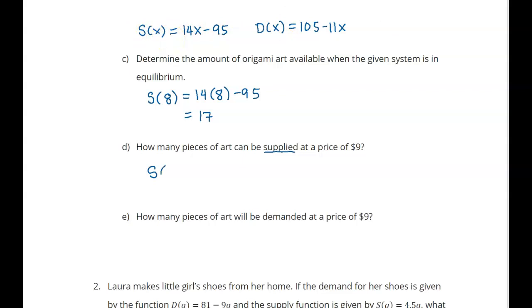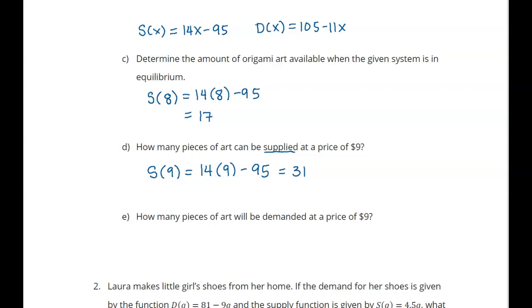So we want to know the value of S of 9. That is 14 times 9 minus 95. Evaluating this will give us 31. So that means we have 31 pieces of art that can be supplied at the price of $9.